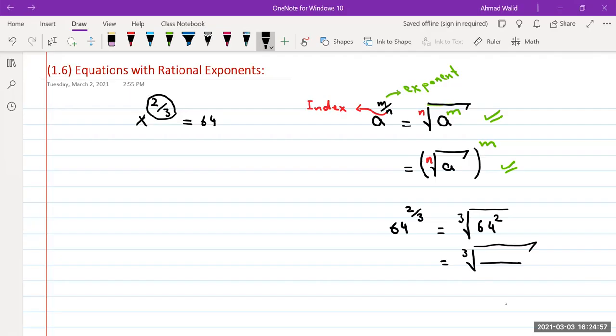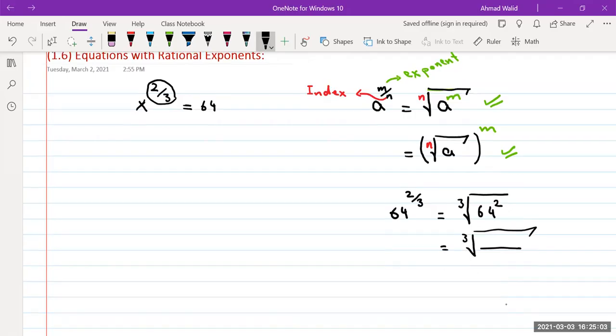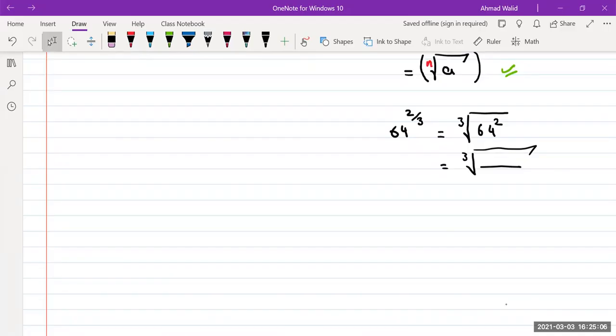You see, when you square 64, it gives you a bigger number whose cube root you may not know. You have to use a calculator. But if I write this problem like this, 64 to the power of 2 thirds equals the cube root of 64, then all to the power of 2, it's much easier to deal with this way, because I know the cube root of 64 is 4.